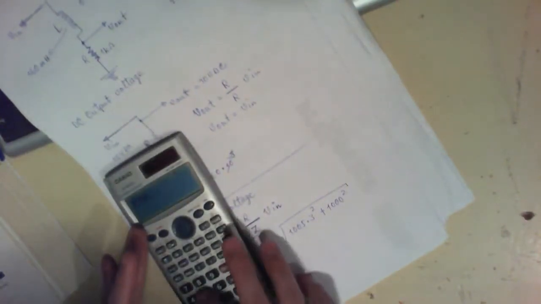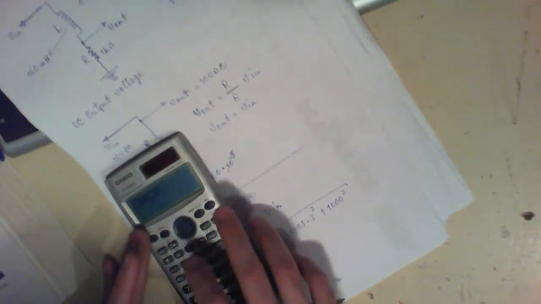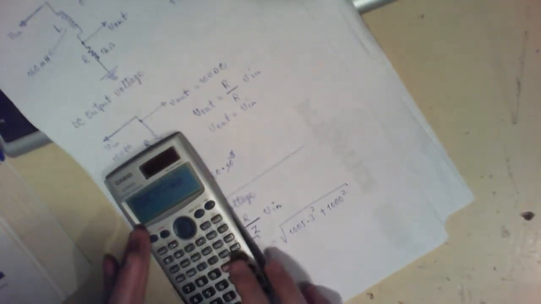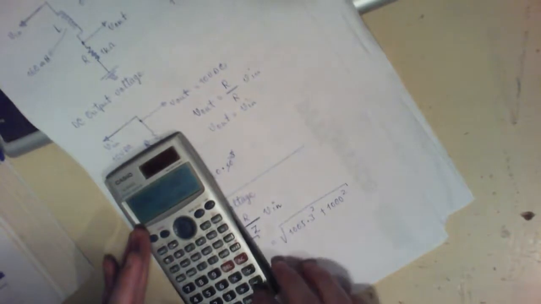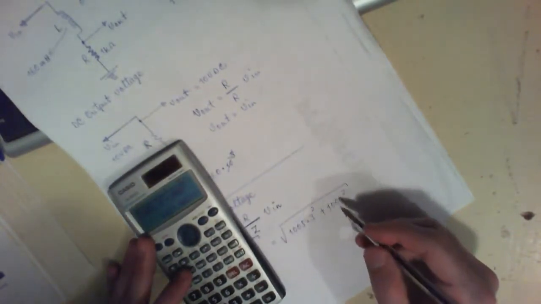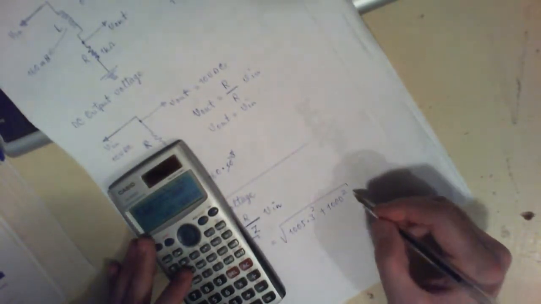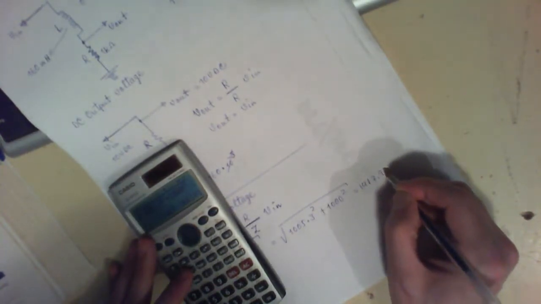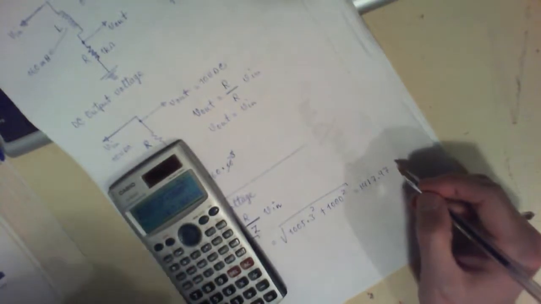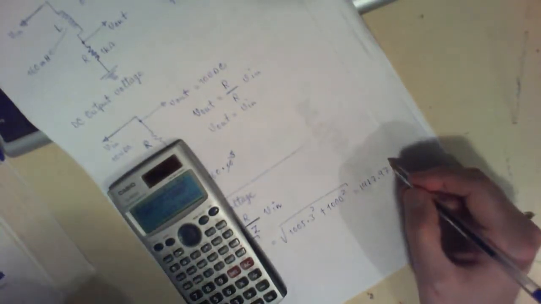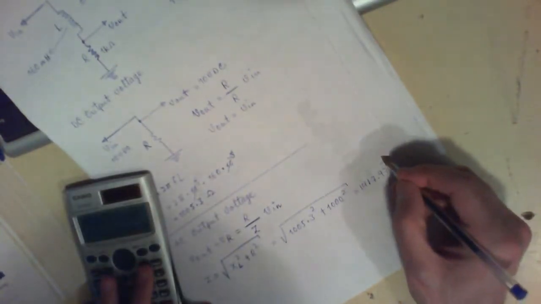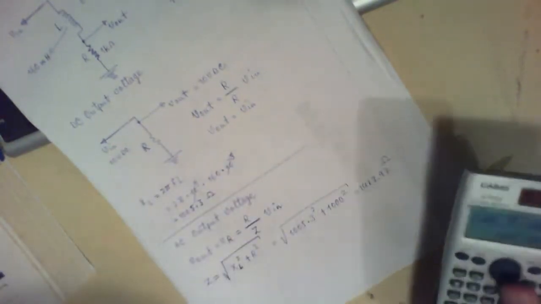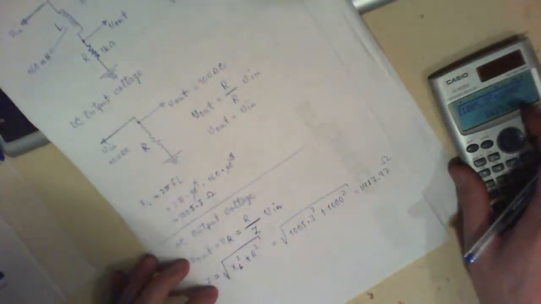That is the square root of 1005.3 squared plus 1000 squared, which is equal to 1417.97 ohm. Okay, now that is your impedance.